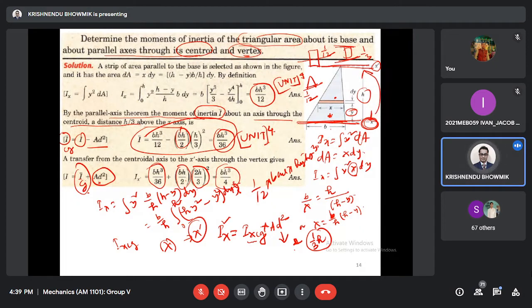You have to come from this base to the centroid, because out of the two, one is at the centroid. Then you get the centroidal location. The parallel axis theorem will give you IxCG. Then you move from this point to this vertex, IxCG plus A multiplied by d square. Now which d will be for the centroid locations, and which A you can calculate easily. I am not going into detail on that one.